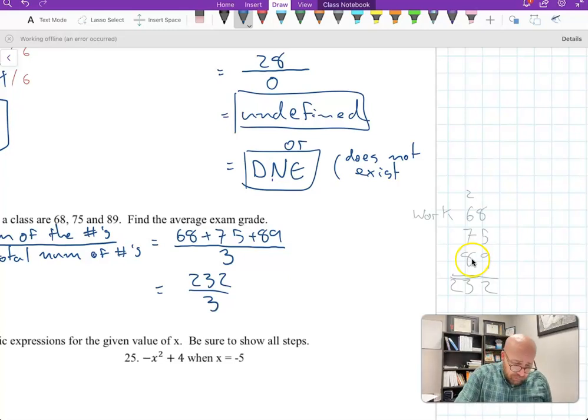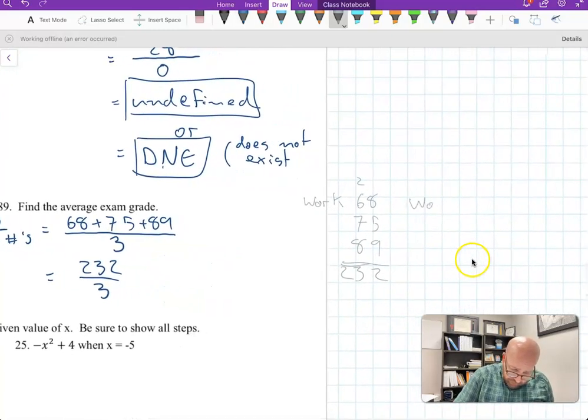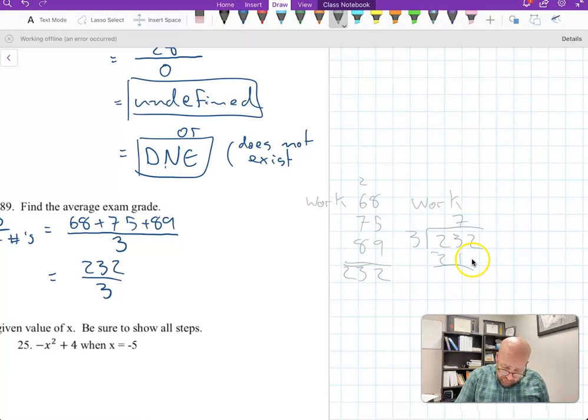We have to do some more work. So do your work off to the side, on scratch paper or somewhere. Make sure that I can see your work. 232 divided by 3. 3 goes into 23 7 times. 7 times 3 is 21. The difference between 23 and 21 is 2. Bring down your 2. 3 goes into 22 7 times. 7 times 3 is 21.